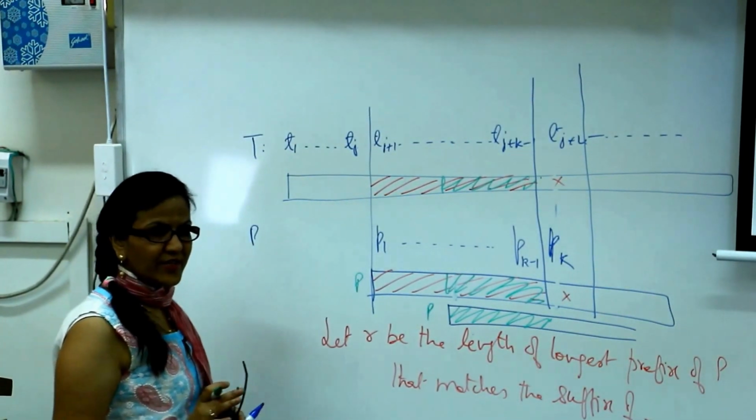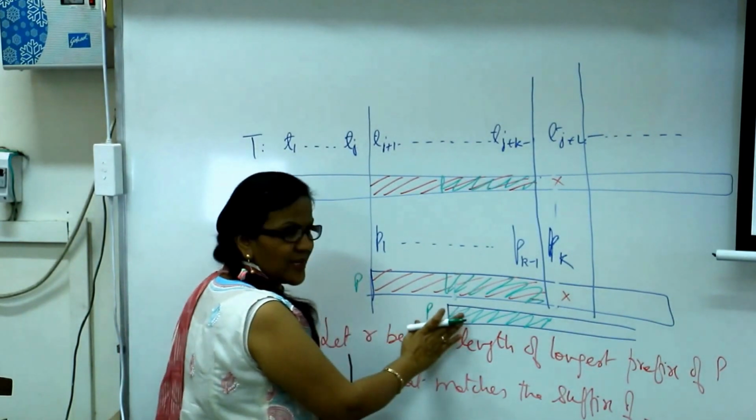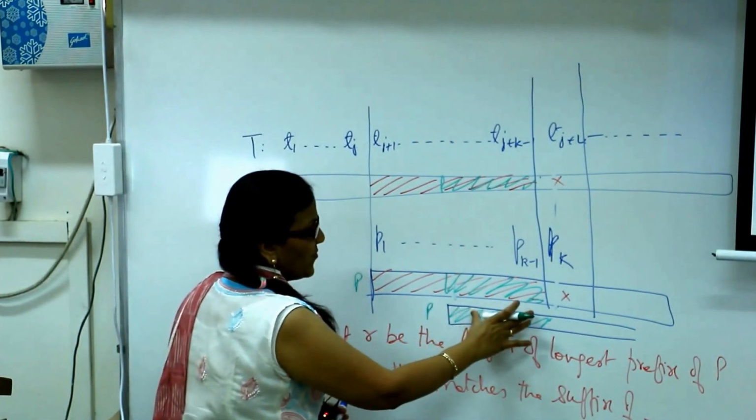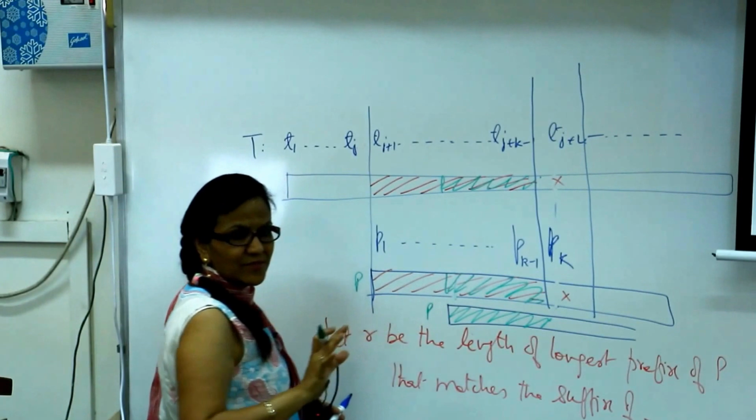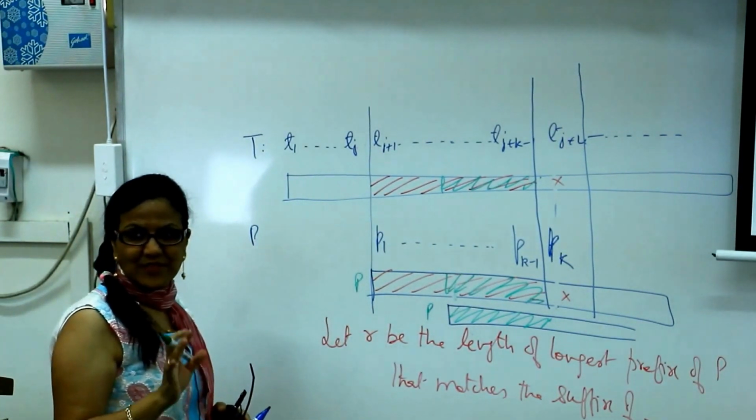This is the only tricky thing. I want to slide my pattern so that this part of my pattern matches with this part of my text. Up to this it's fine, right?